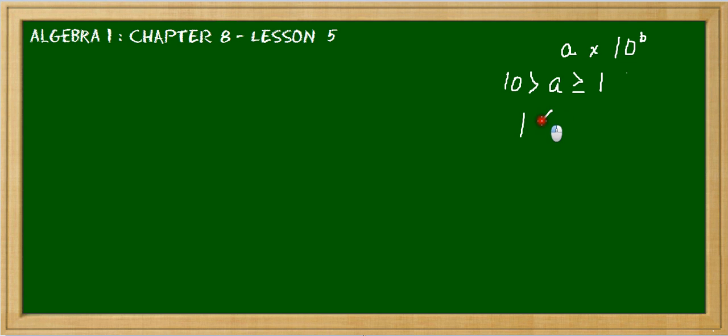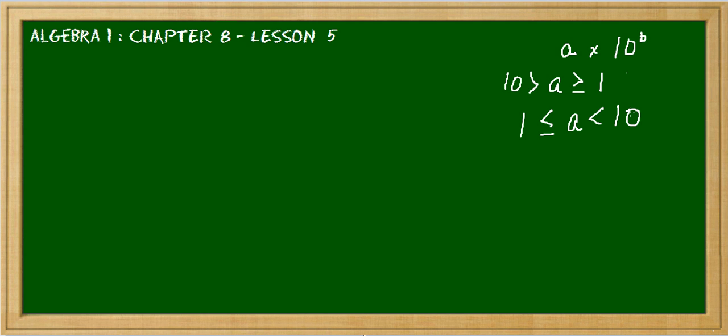So A is going to be greater than or equal to 1, but less than 10. And we've already discussed in class why it needs to be less than 10, because you can only have one digit to the left of the decimal point, and that digit obviously needs to be 1 or greater.